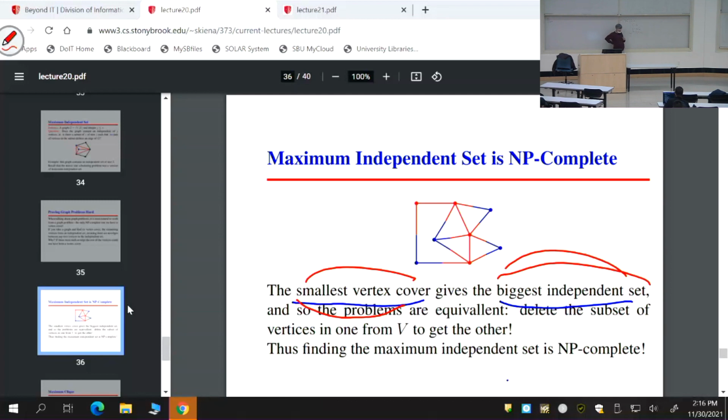Okay. And what is the transformation? Basically, if I can find a maximum independent set on what turns out to be the original graph of size n minus k, then that means there had to be a vertex cover of size k in the original graph, namely the vertices that weren't in the independent set.